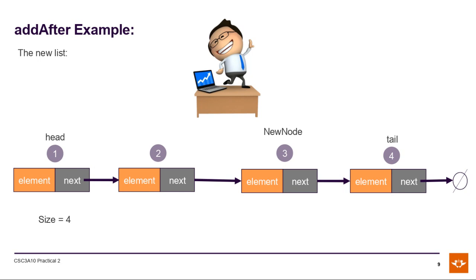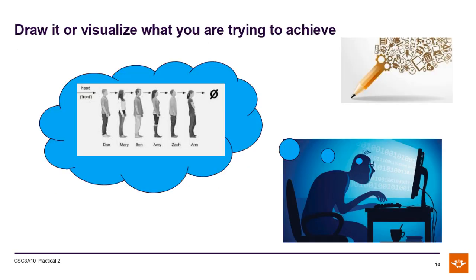However, I'm not going to ask you to implement insert first or insert last because the answers for those are within the text. Again, remember that you should be drawing, in some way designing what it is you're trying to do before you go ahead and implement it. So even if you have the correct lines of code, if you don't do it in the correct order, like we just discussed, you may not get the desired outcome. So please, before you even get started, spend a little time thinking about what each method is supposed to achieve.